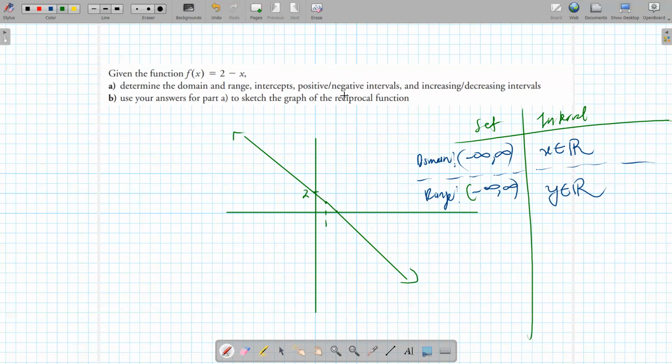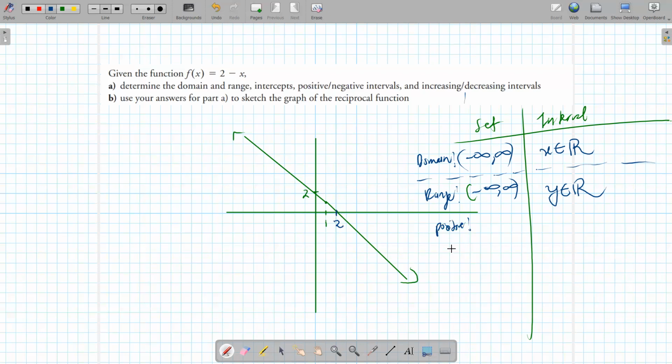The next one: positive and negative intervals. A positive interval means where the y value is positive. It's positive up until this point. What's the x value here? 2, where the y value is 0. So it's positive. For intervals, you state them in terms of the x values.